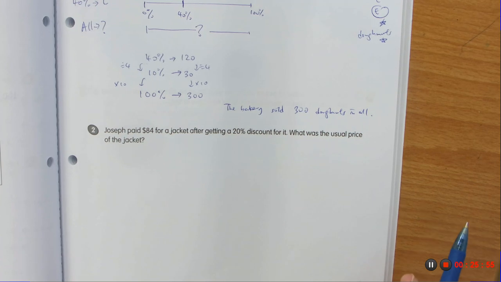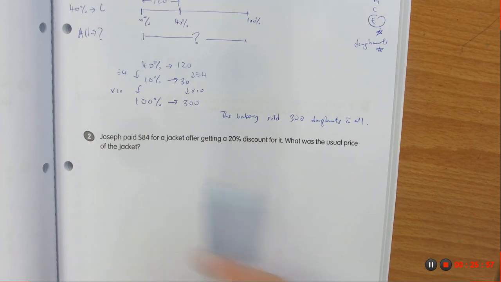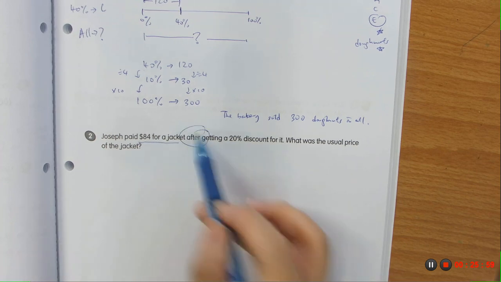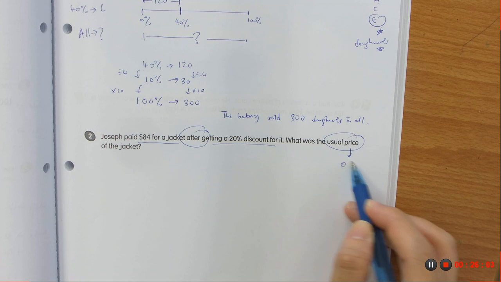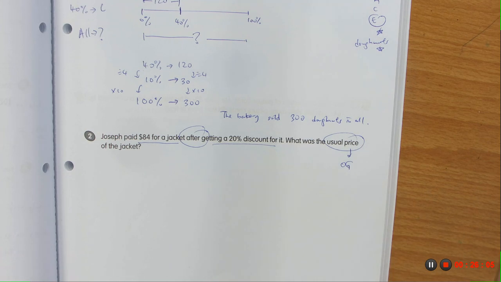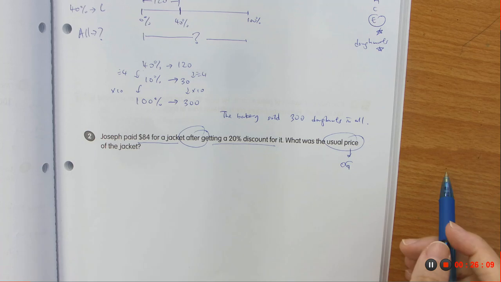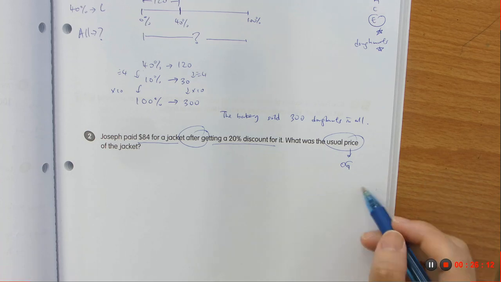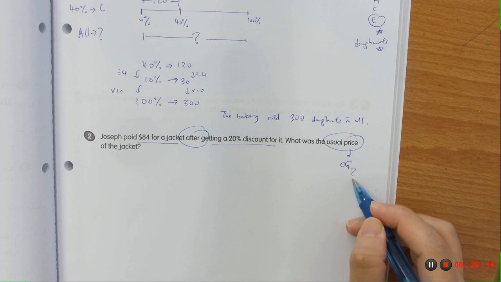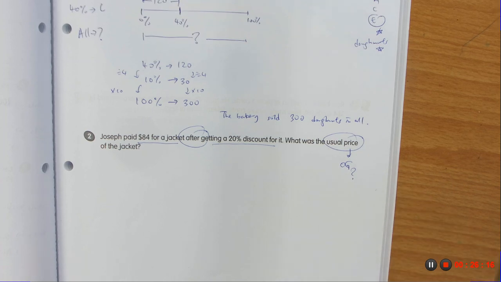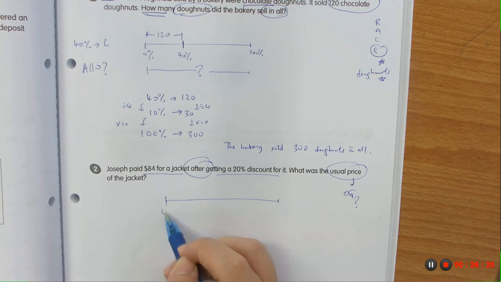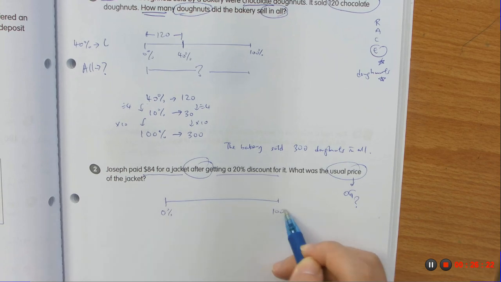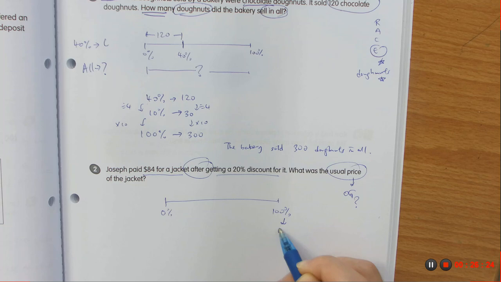The next one talks about the jacket. And he paid it after the discount. They asked for the usual price, that's the OG. So I have the whole of the original. The original is 0% to 100%. This is the original price, the usual price.